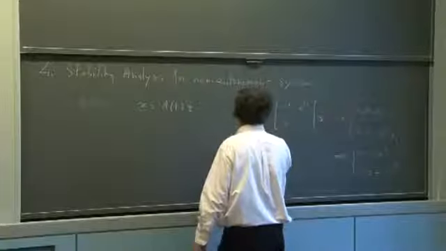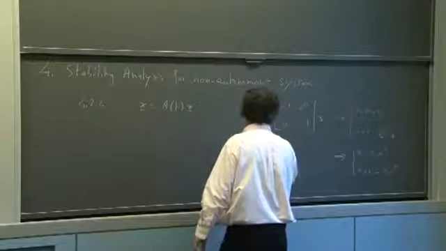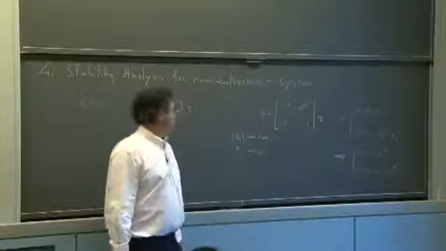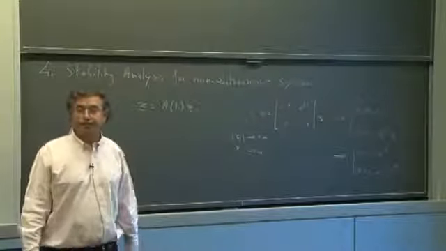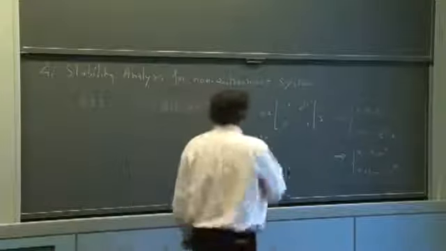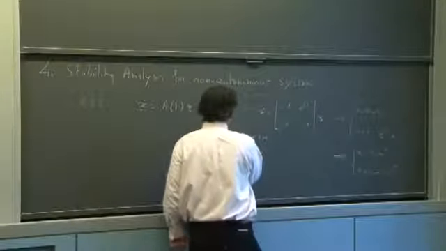So in this example, x1 tends to infinity and x2 tends to 0. That's what this says. So of course, the state doesn't tend to 0.